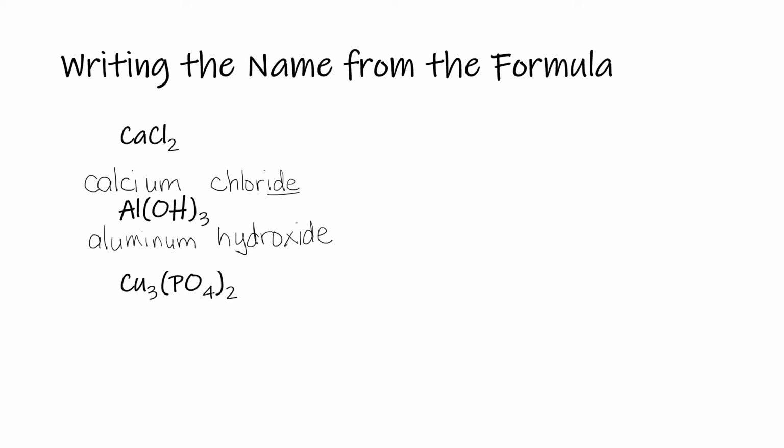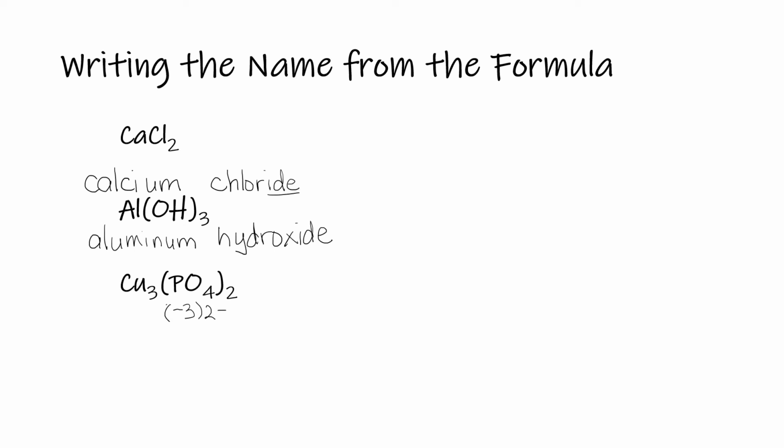We're going to determine what our negative charge is from our anions here. So we have a phosphate. This is one of the polyatomic ions. Having memorized it, the charge of this polyatomic ion is -3. We have a 2 as a subscript outside of the parentheses, and so that means we have 2 of these -3.